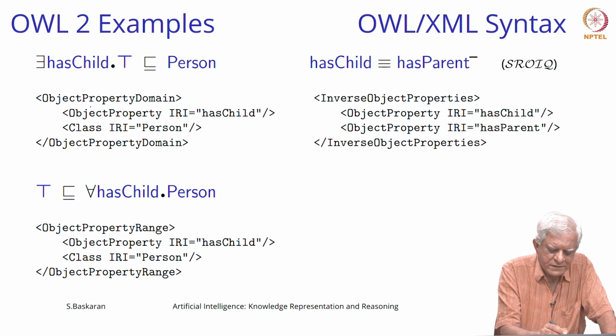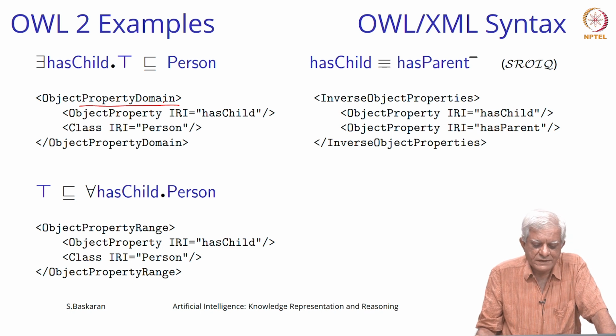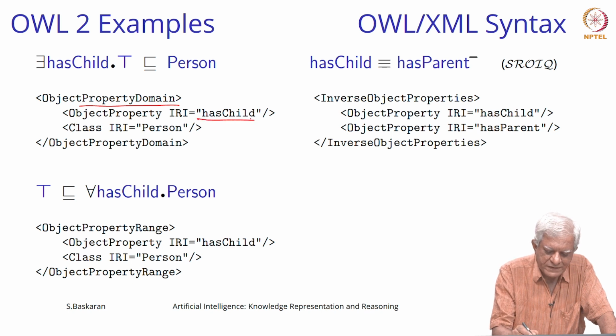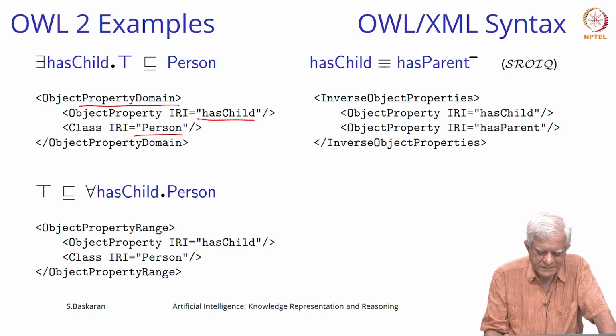You are saying that the domain of the child property is a person essentially. So, the property is has child and the domain of that is person essentially.